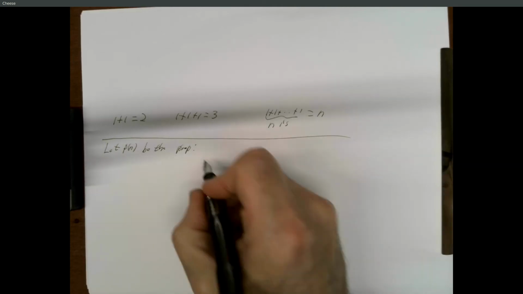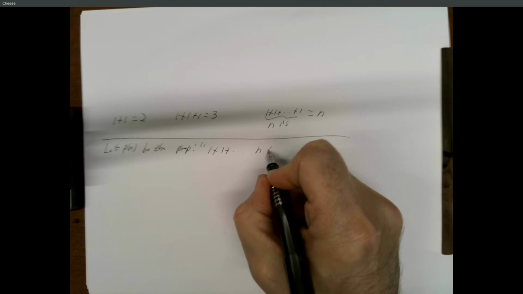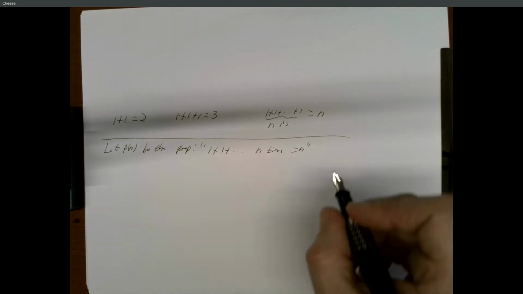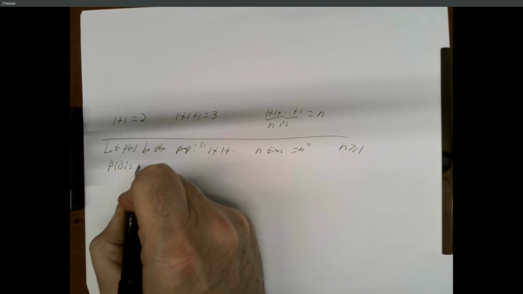Let P of n be the proposition 1 plus 1, n times, equals n. And we'll do this where n is some number bigger than or equal to 1, or maybe 2. Well, P of 1 is true, right?